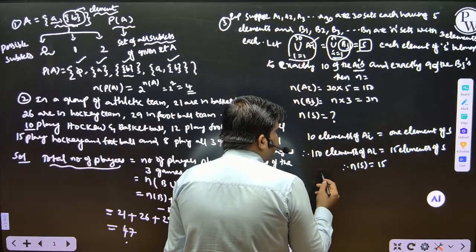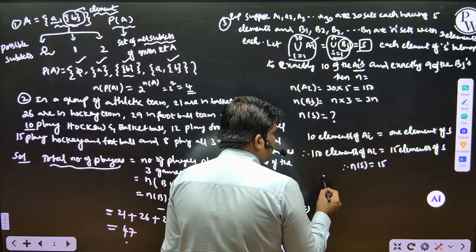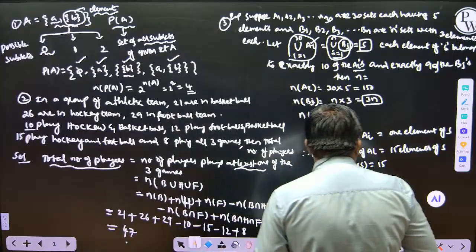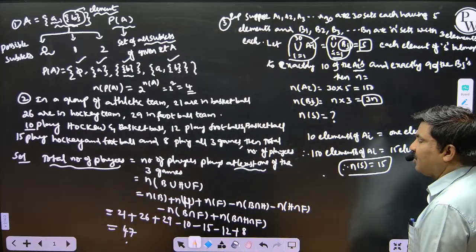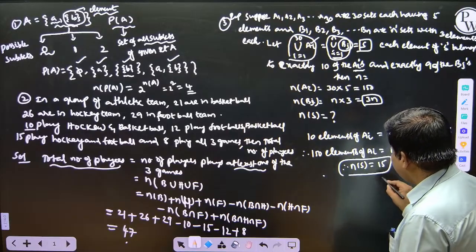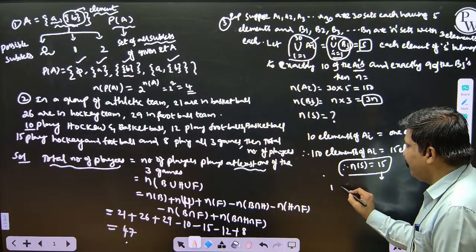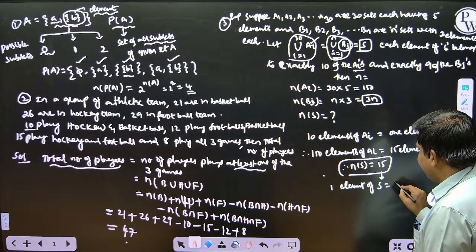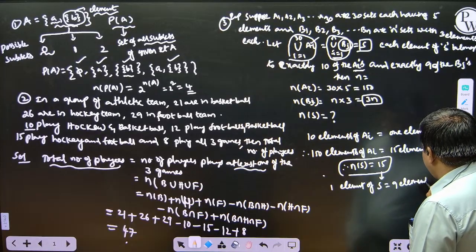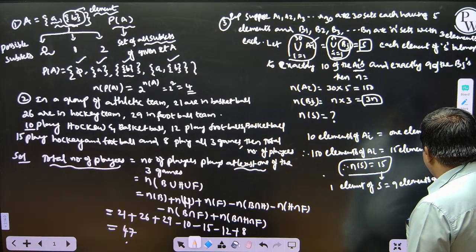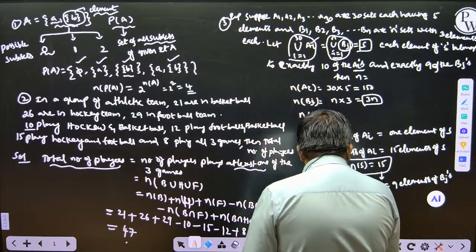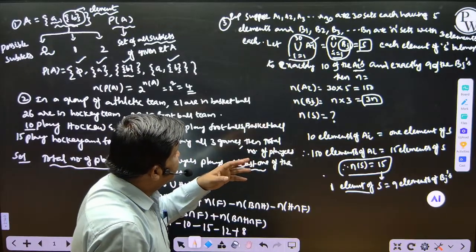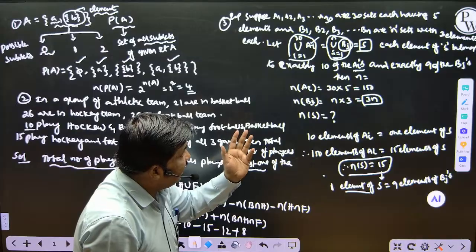Now for the Bj's. Each element of S belongs to exactly 10 of the A's and exactly 9 of the B's.